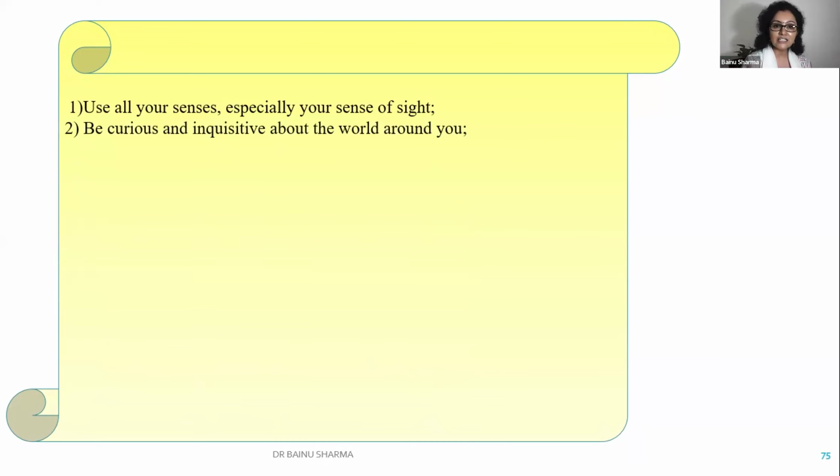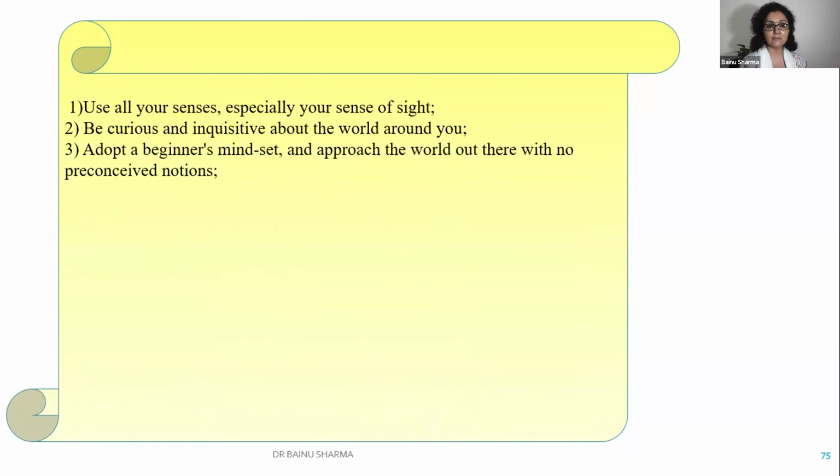Your curiosity should never be low. Every time you have to be very, very curious. You have to be very inquisitive about your surroundings, about things happening in your surroundings. And every time we are into a new learning, we should adopt the mindset of a beginner. We should approach everybody without any preconceived notion.